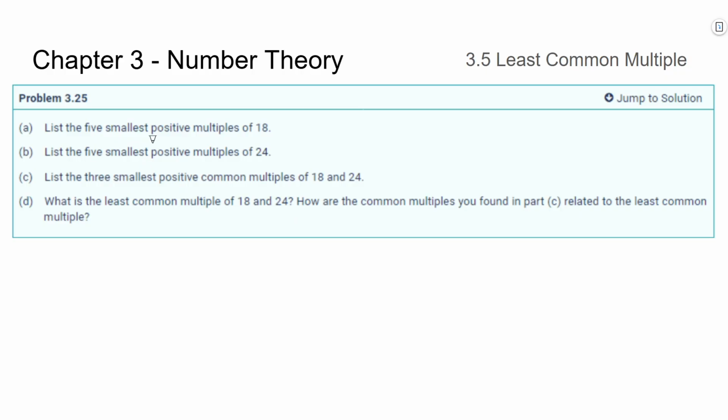First of all, we're going to start off by listing the 5 smallest positive multiples of 18. So we have 18, we have 36, 54. Also, side note, as I write these, I'm going to stop saying pause this and try it on your own. Still feel free to try these on your own. If you read the question and think it's something you might be able to do on your own, go for it.